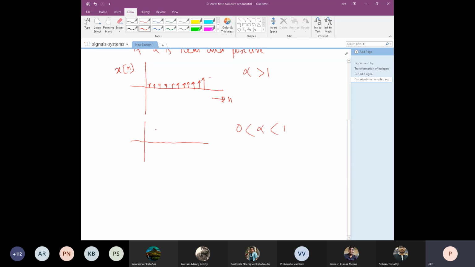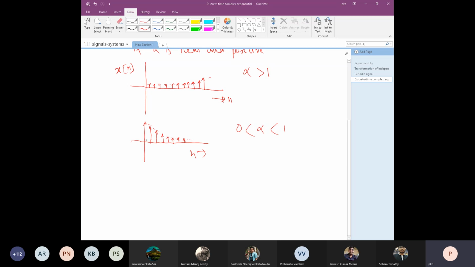If it is between 0 and 1, then it will be a decaying signal, because alpha is less than 1. So therefore, the positive power of alpha, this n is an integer, will continuously decrease.